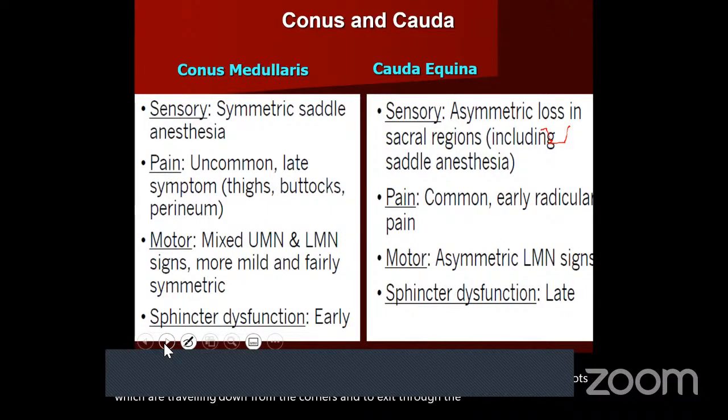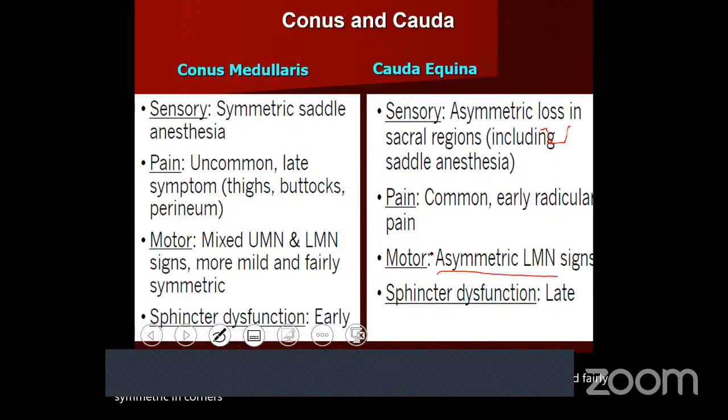The motor signs are more mild and fairly symmetric in conus medullaris, whereas there are asymmetric motor signs in cauda equina. Sphincter dysfunction is early in conus medullaris, very late in cauda equina. These four salient points you should remember.